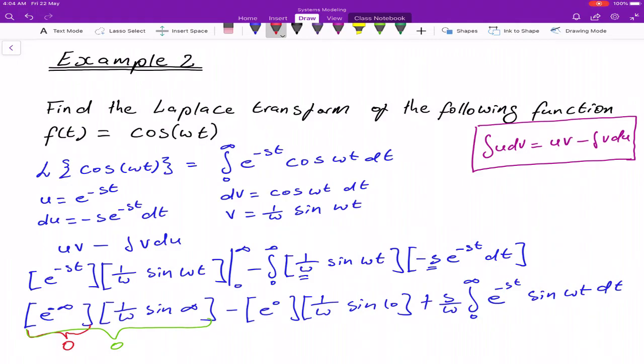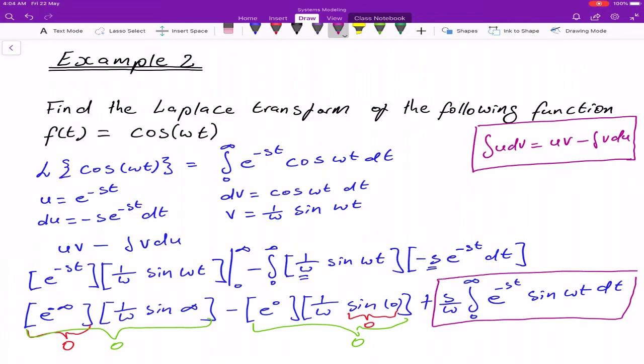And sine of 0 is 0. So this sine here will drive this equation to 0. E to the 0 is 1, but anything times 0 is 0. Hence, this whole equation will be 0. So now, since this whole part is 0, the only thing that is left over is this part.